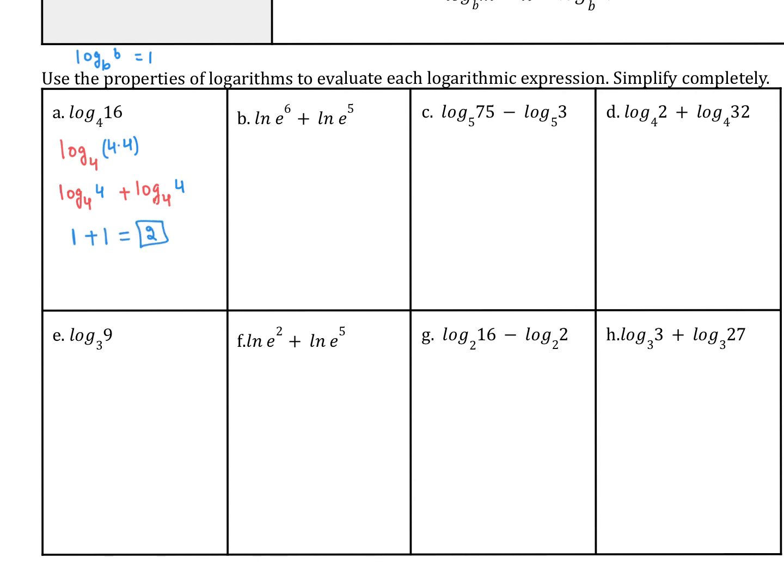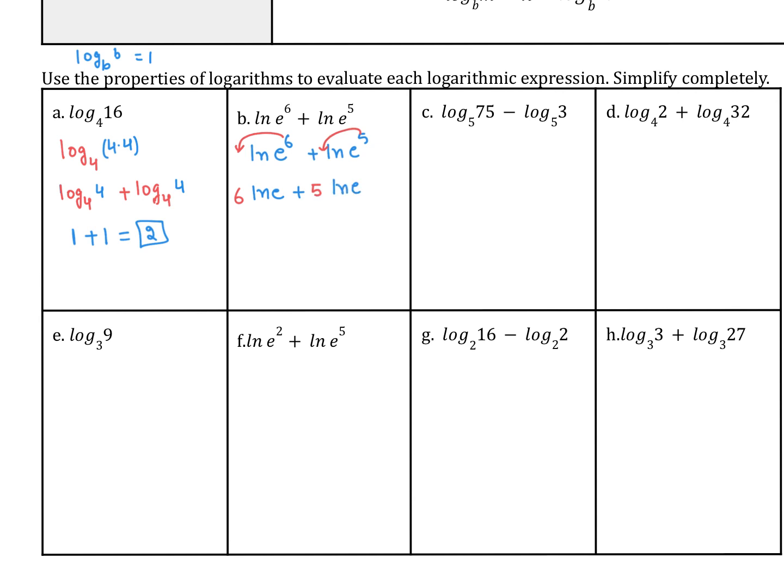For letter b, we're going to apply the power property. This is a natural log because it has an e with it. You bring this exponent down in front, and this one down in front. You get 6 times ln e plus 5 times ln e.